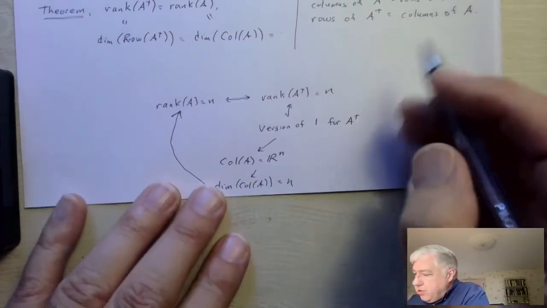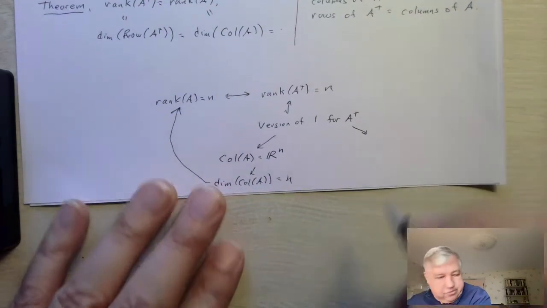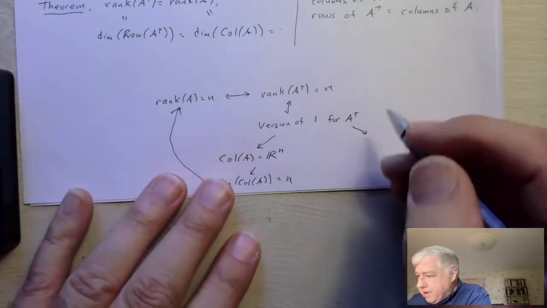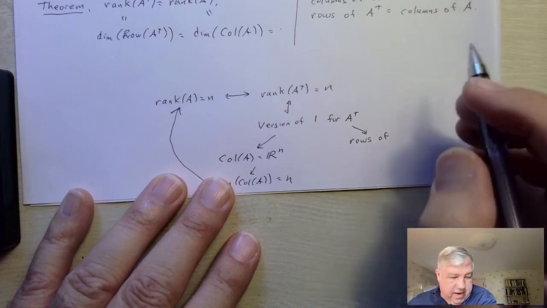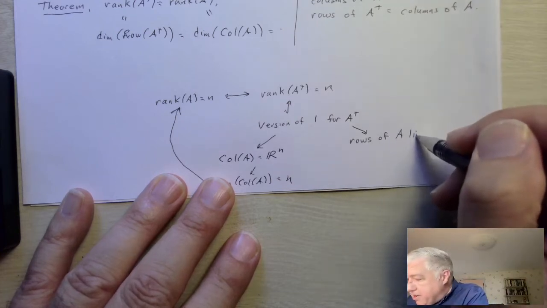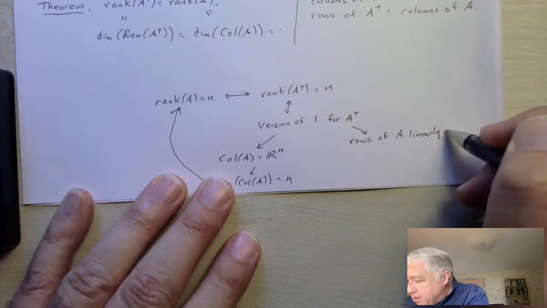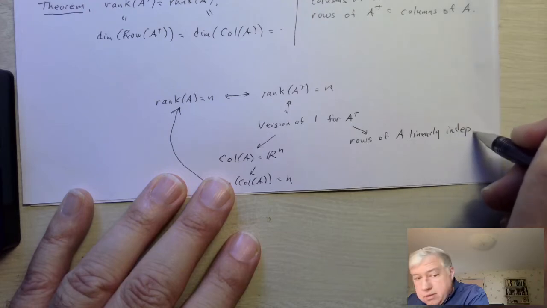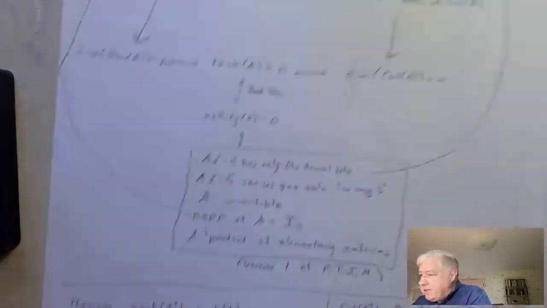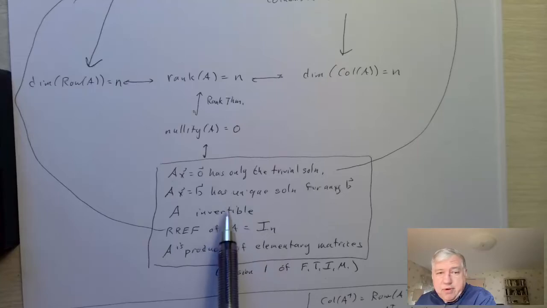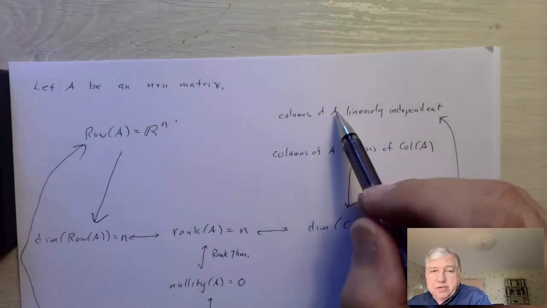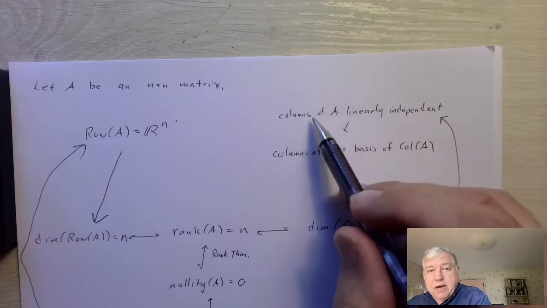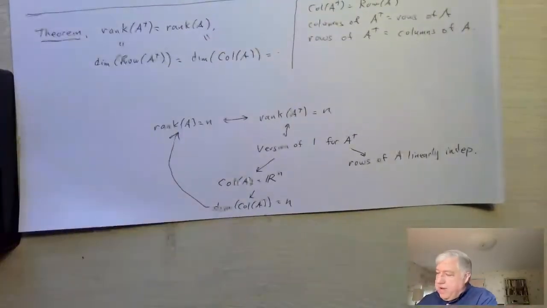And then we also know version 1 for A transpose also says that the rows of A must be linearly independent. Okay, now why is that? Because when we replace A with A transpose in version 1, that gives us that the columns of A transpose are linearly independent, but the columns of A transpose are just the rows of A. So the rows of A are linearly independent.